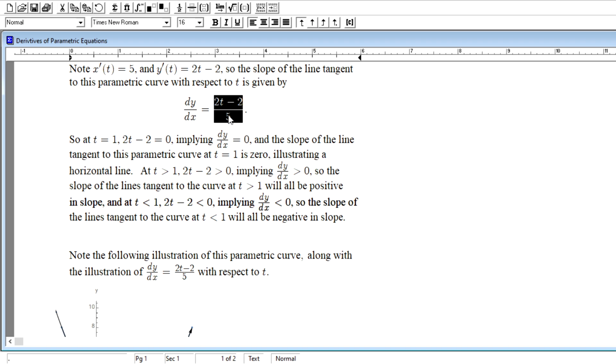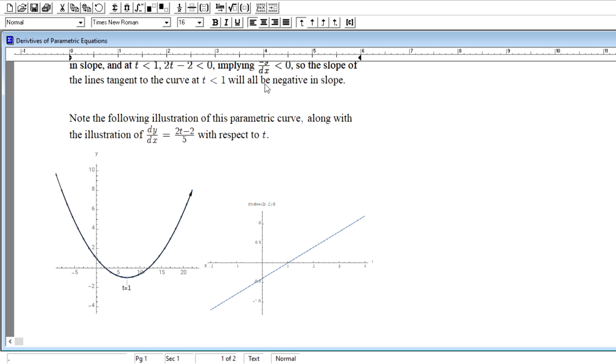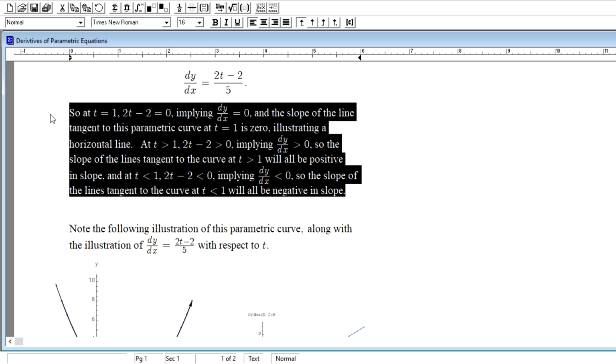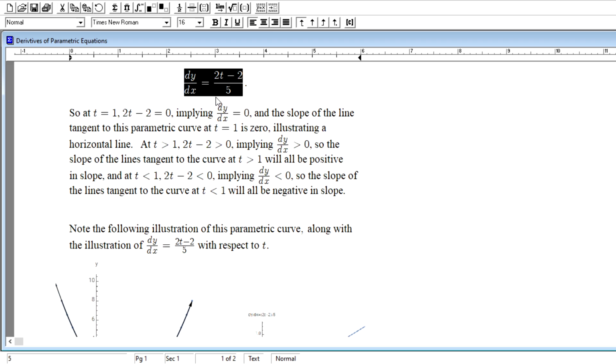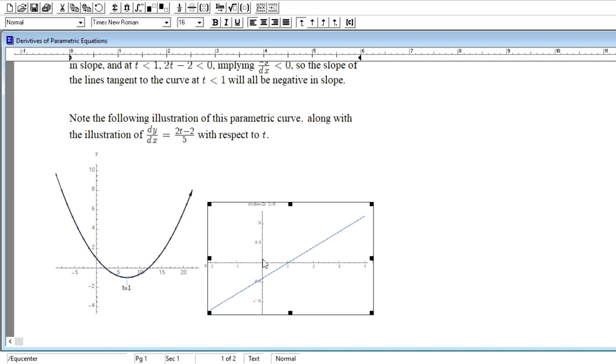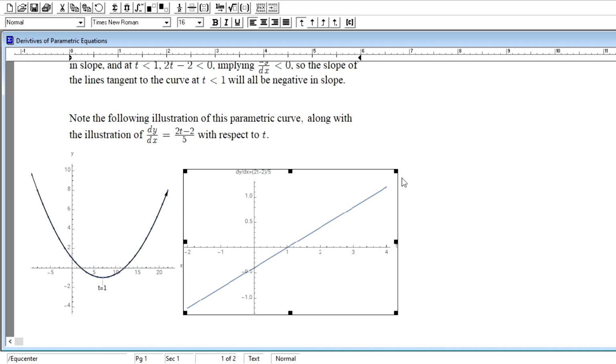Now, again, you can analyze the graph of this to see the analysis given here above. To see this analysis, we could examine the graph of dy dx with respect to t. And that is the graph I have right here. We are highlighting the behavior of dy dx, 2t minus 2 divided by 5, which is a linear description, over these values of t.